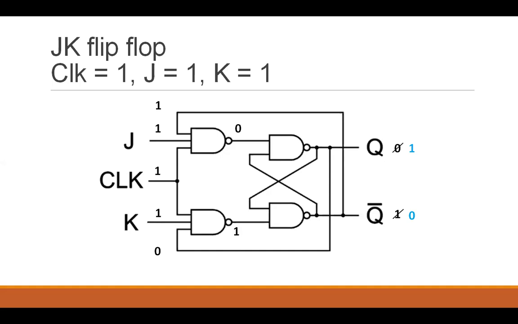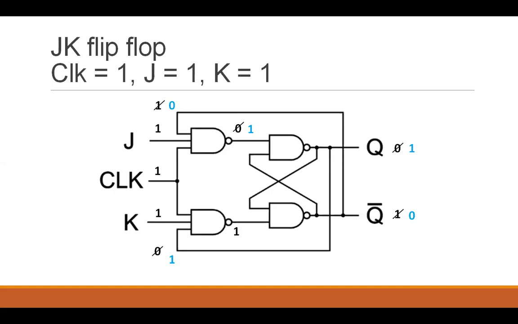Now we have two new inputs which are going to be again evaluated. The Q complement's input and the Q's input are going to be updated with J and K, and this time you are going to see that the place of 0 and 1 is going to switch. Because if you look at the J side, it's 1.1.0, which is going to be 0, but inverting it would give us 1.